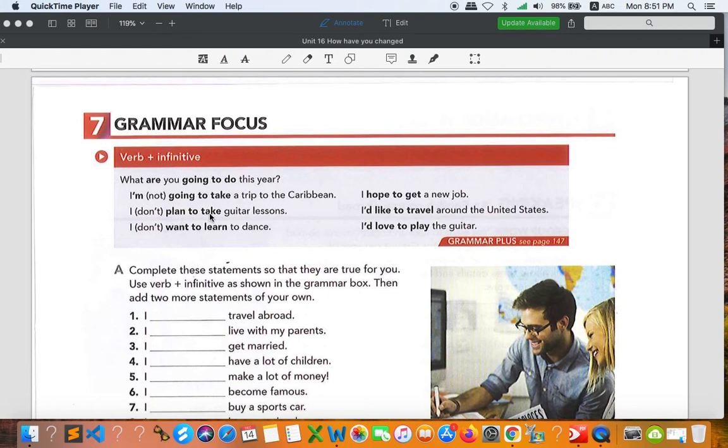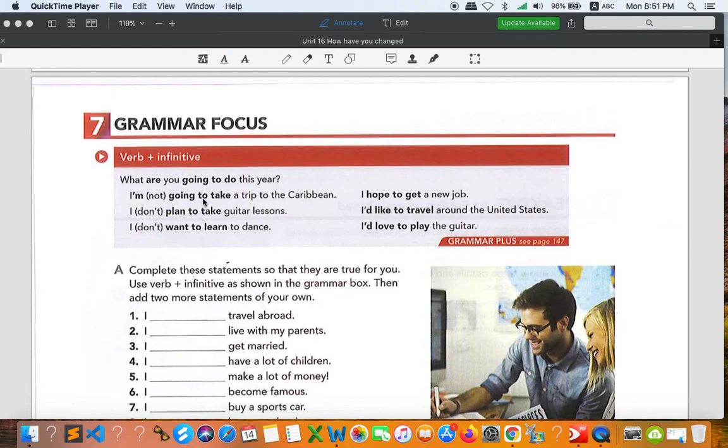All right. So besides plan, want, and be going to, we have three more: hope to, would like to, and would love to. So you can say, I hope to get a new job, I'd like to travel, and I'd love to play. All right, so these are the responses you can answer with about your future plan.